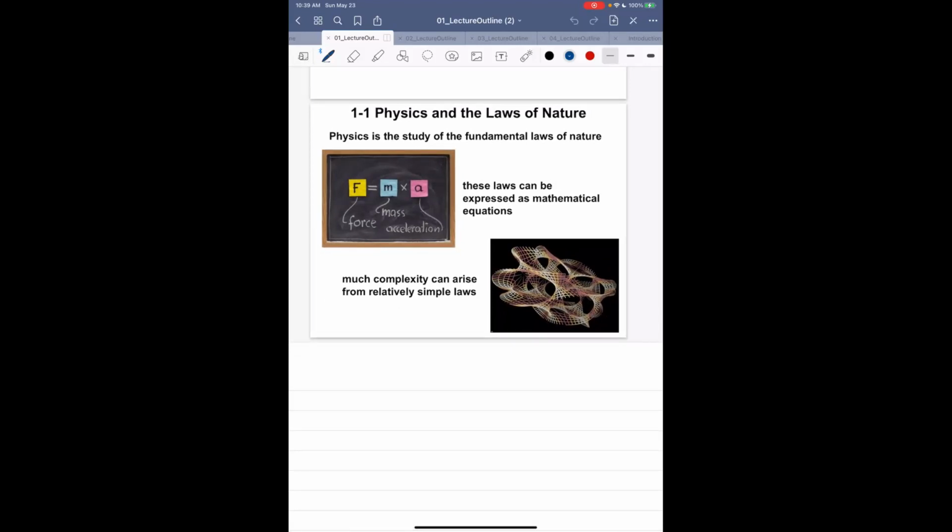And you are going to see that we will, for example, study Newton's first law, and then Newton's second law, and Newton's third law.